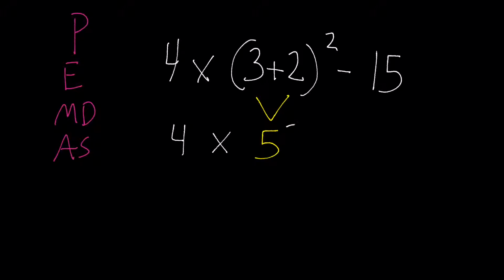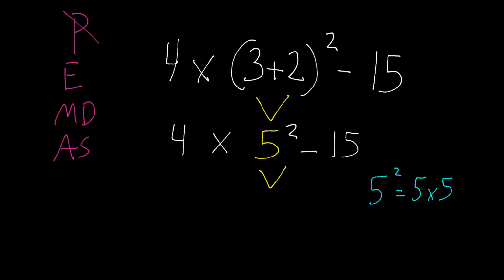So it's 4 times 5 to the second power minus 15. And our parentheses are done. Now we can take care of our exponent. 5 to the second power is the same thing as 5 times 5. So 5 to the second power is actually 25.